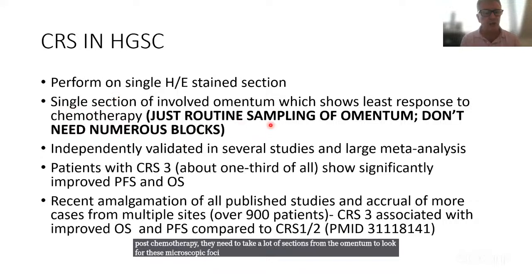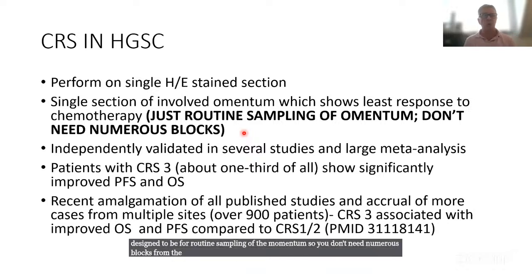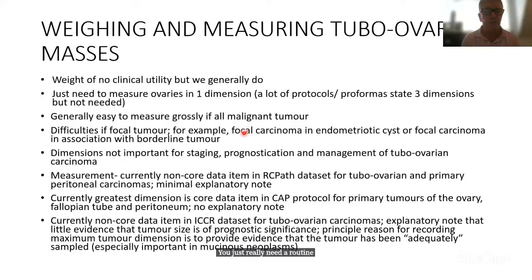And I'll make the point that this chemotherapy response score was just designed to be for routine sampling of the omentum. So you don't need numerous blocks from the omentum post-chemotherapy if it's being removed. You just really need a routine sampling of the omentum.